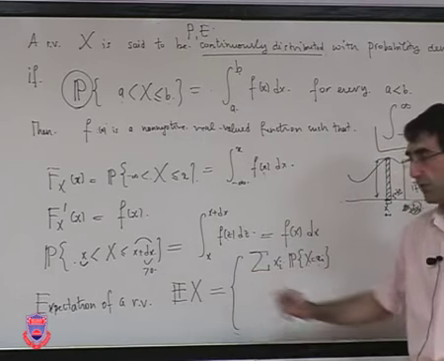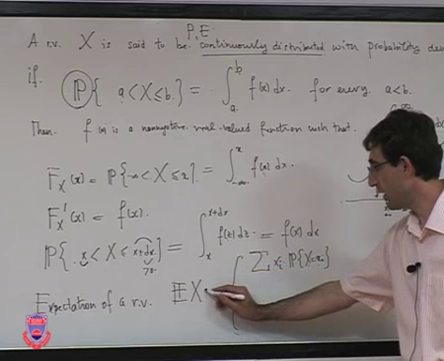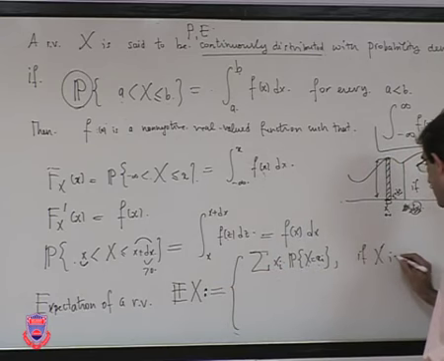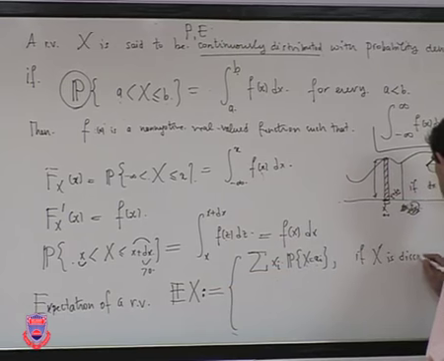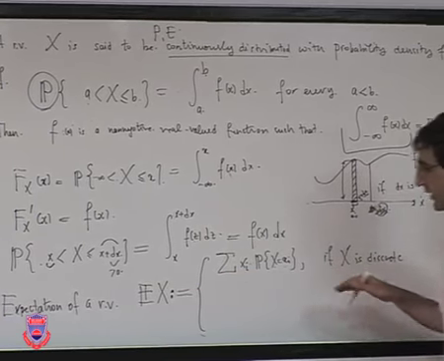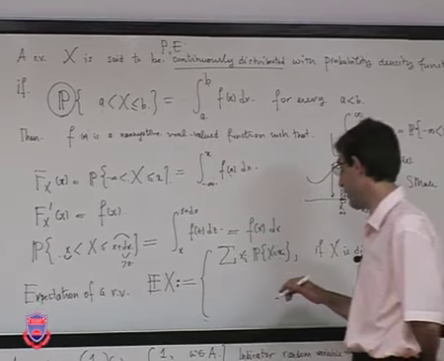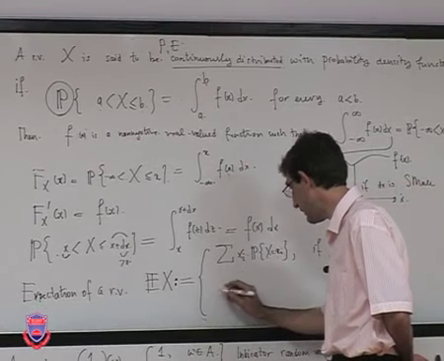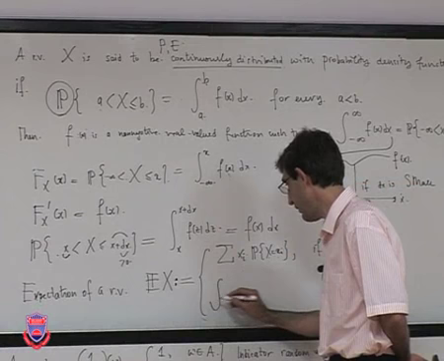So that's, by definition, the expectation. So we can just put here two dots. If X is discrete, unfortunately we have to distinguish the definition, at this level of class at least.